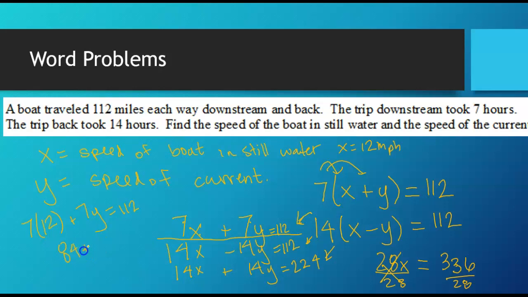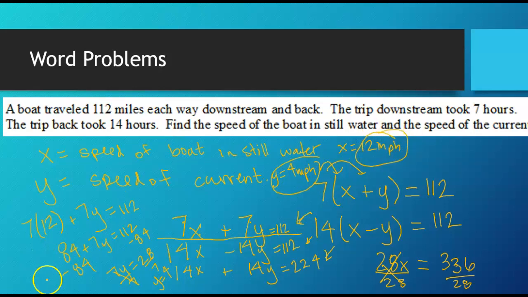So 84 plus 7y equals 112. Subtract 84 from both sides, and I've got 7y equals 28. And divide both of those by 7, and y equals 4. So the speed of the current is 4 miles per hour.